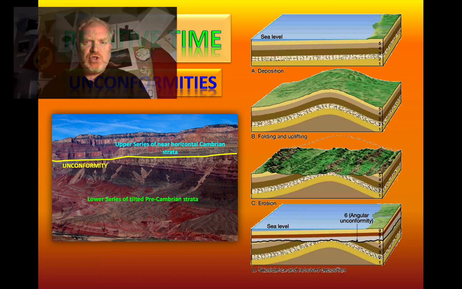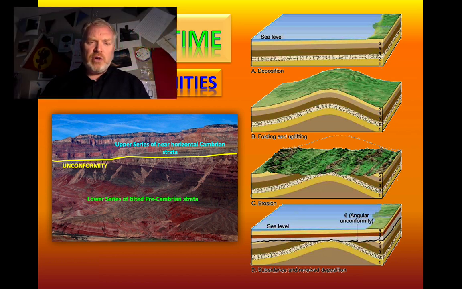We can see these features in lots of different places. The Grand Canyon, for example, demonstrates several unconformities. One of the most obvious is shown in the photograph here. We've got an older series of rocks of Precambrian age, very, very old rocks, that have been tilted and eroded.